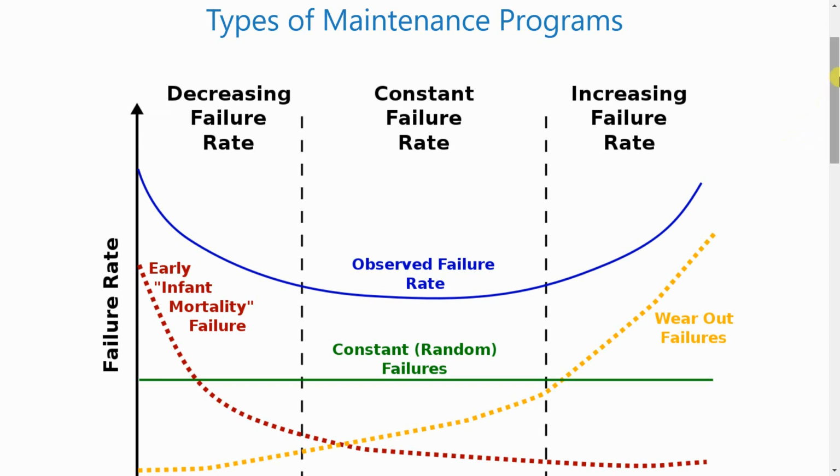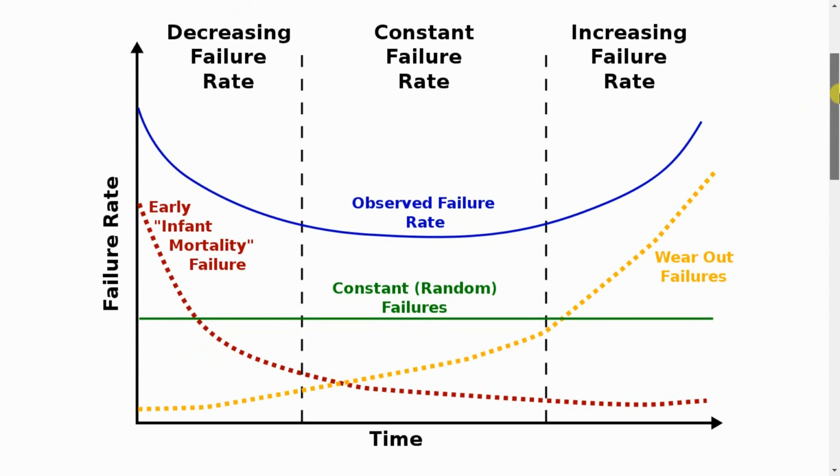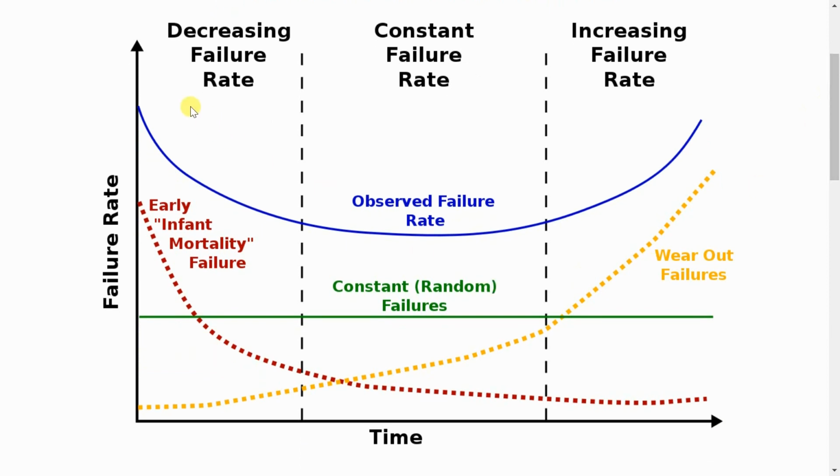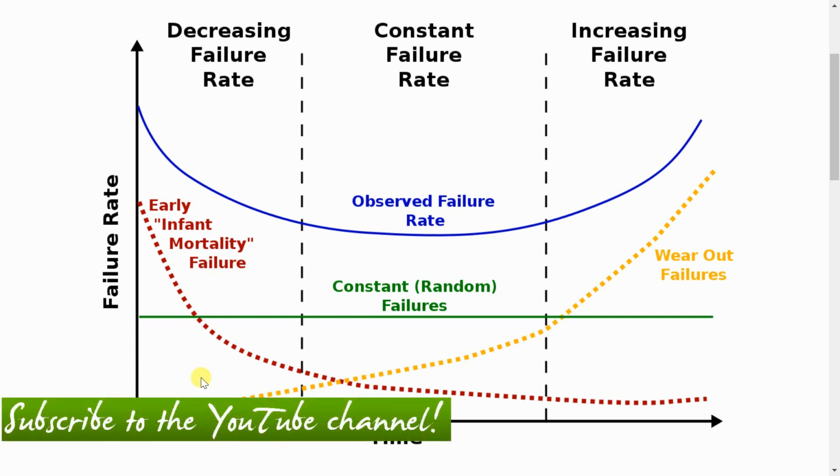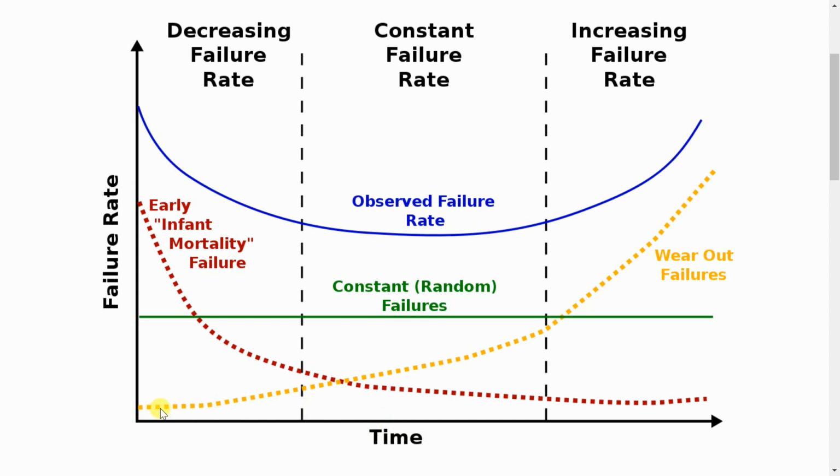So we can see here we've got types of maintenance programs. We've got what's called a bathtub curve. That's this item here, or this line. And on the x-axis we've got the time, and on the y-axis we've got the failure rate. Now in the past, they used to install a machine, they would put it into operation, and typically you would have a failure rate that followed this line here.